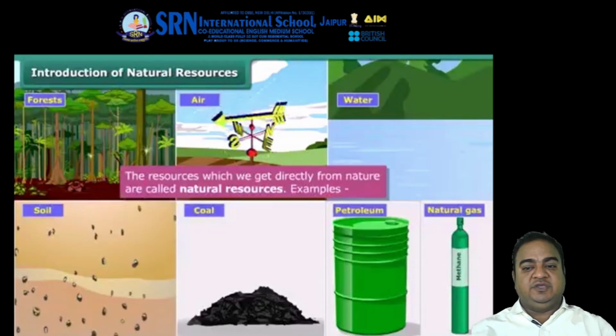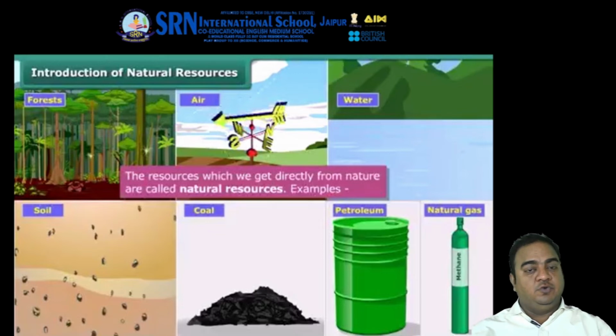The resources which we get directly from nature are called natural resources. In the picture you can see certain resources, for example the windmill, the power from the water, energy from the forest, the soil. They are all examples of natural resources.